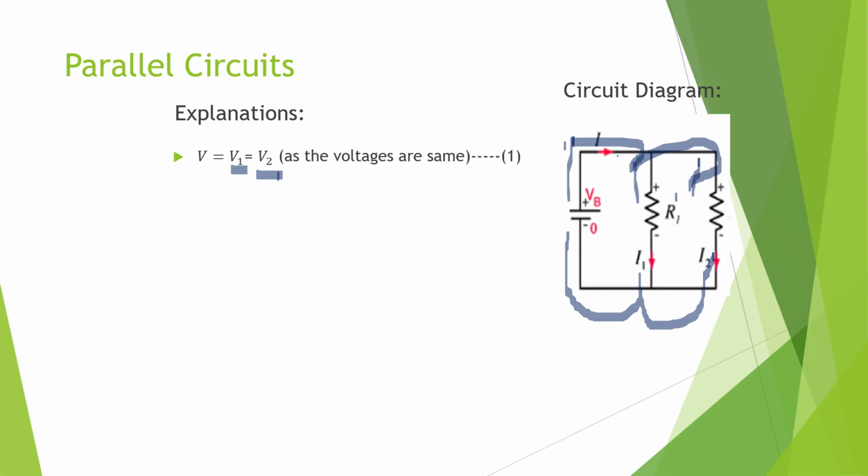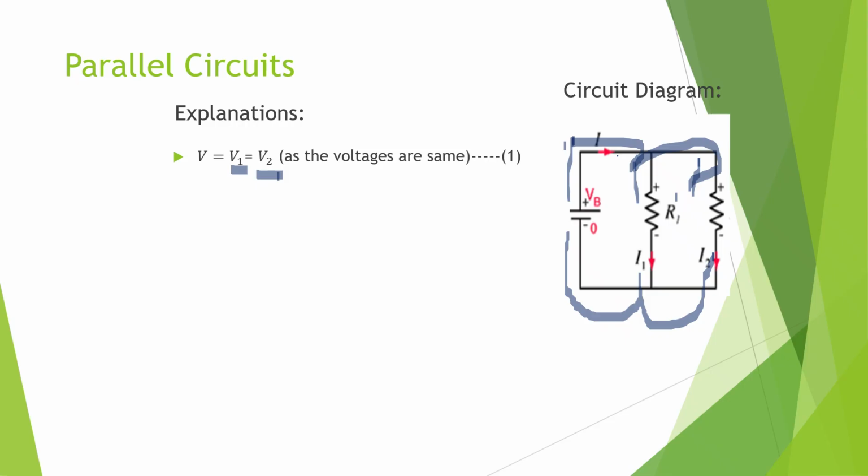As they are connected at the same point, we can say that the circuit is parallel. The voltage drop across R1: at the entry point it is plus VB, and at the exit point it is 0.